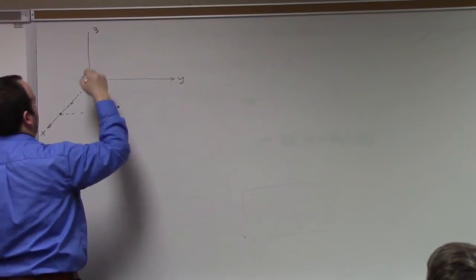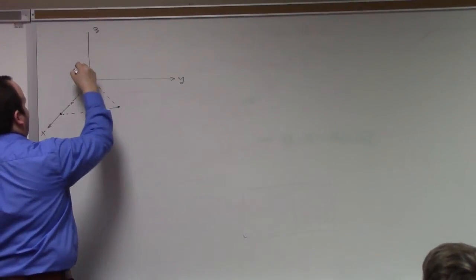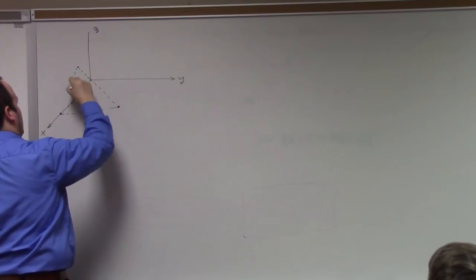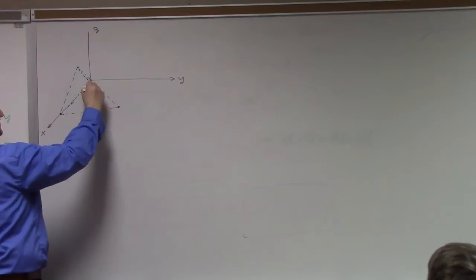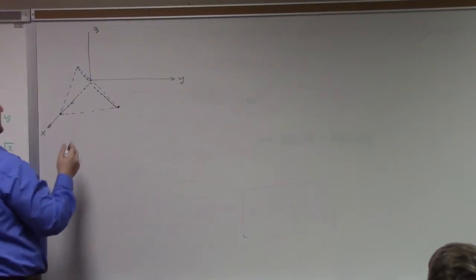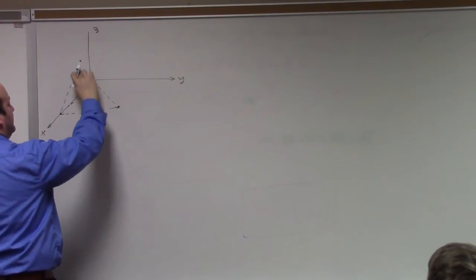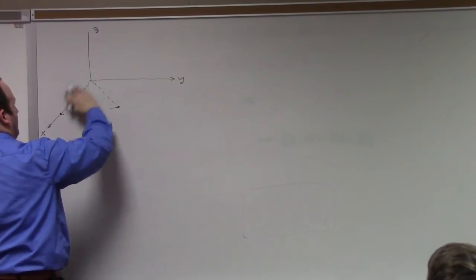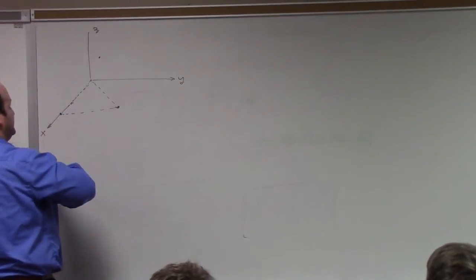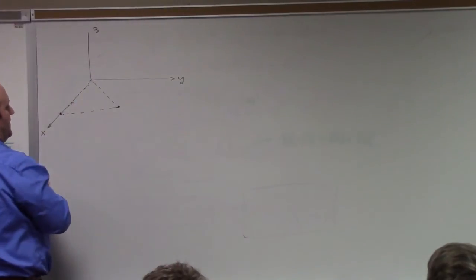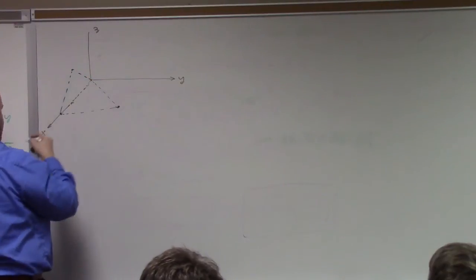Dagnabbit. Everywhere I draw it, I don't like it. I'm going to use a different color for the other leg. For some reason, it'll make me feel better. See, I don't want these to be so close together. Stink. Why did I agree to do this problem in class? What am I doing? Let's see here. Just your x-axis, it'll make it look better. Yeah. It's just going to look bad. All right.